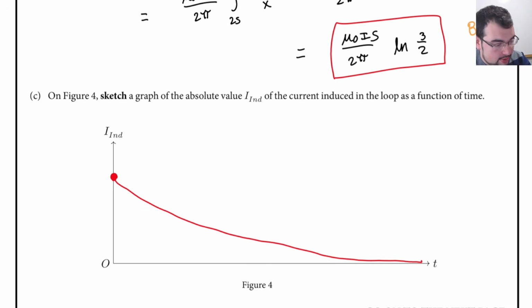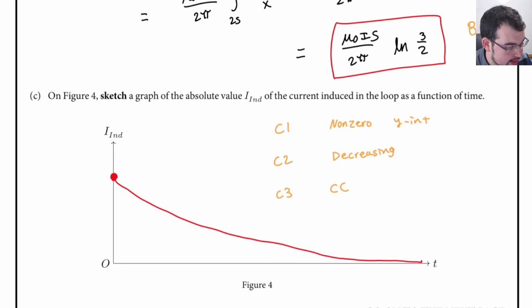So I think our 3 points here were C1 was a non-zero y-intercept. You got C2 for a strictly decreasing graph. And you got C3 for it being concave up. So that is that.